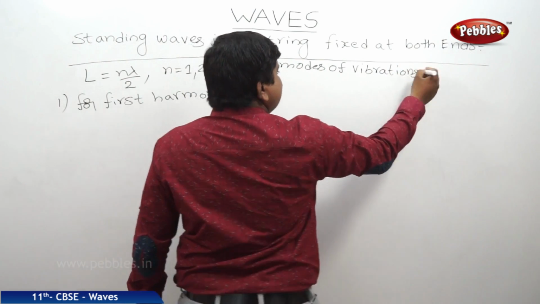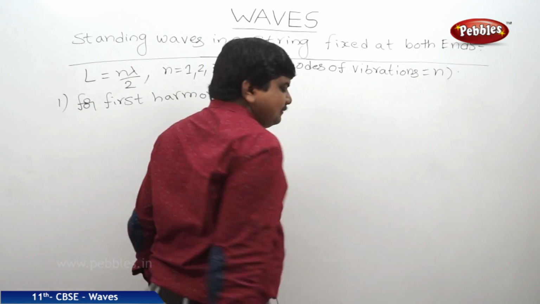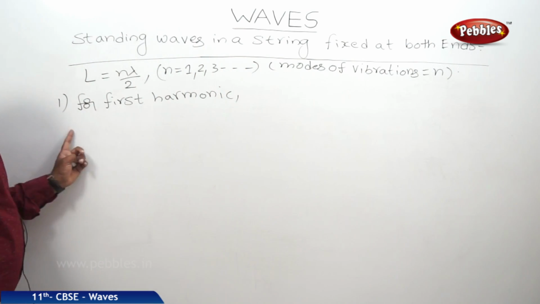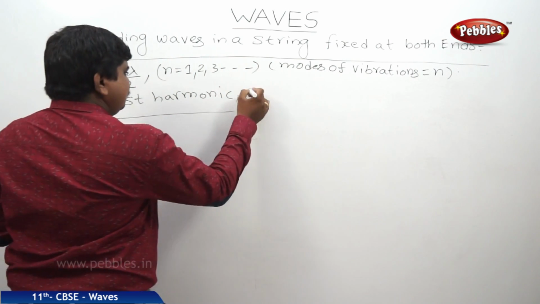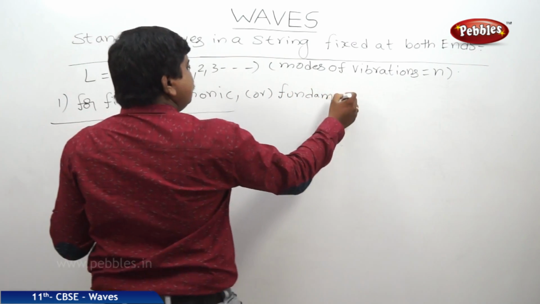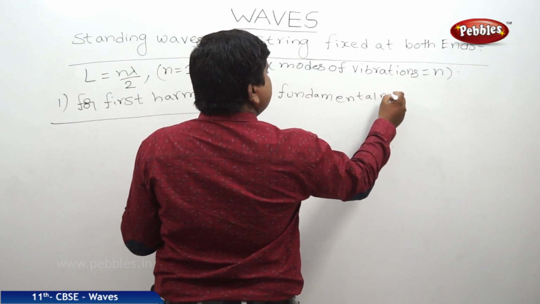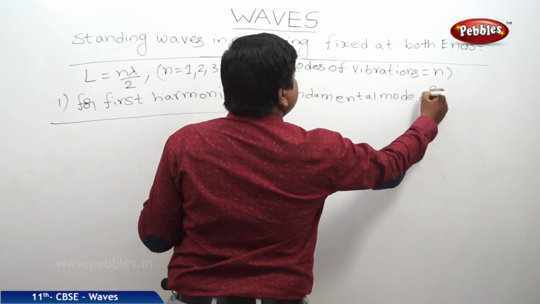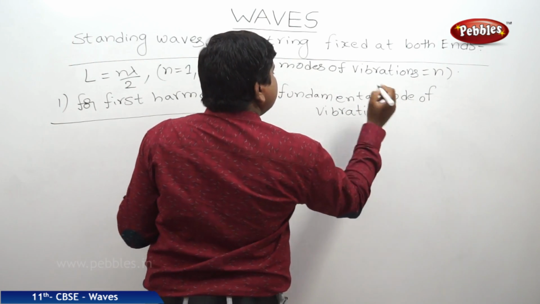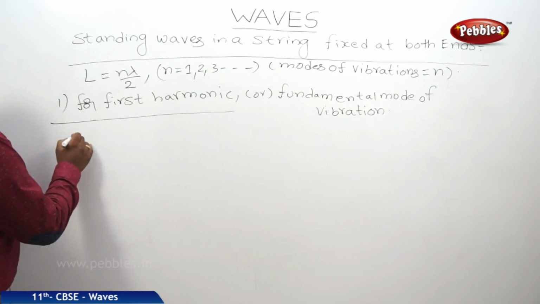Here the modes of vibration are represented by N, where N is equal to 1, 2, 3, etc. So for the first harmonic or fundamental mode of vibration, N is equal to 1.